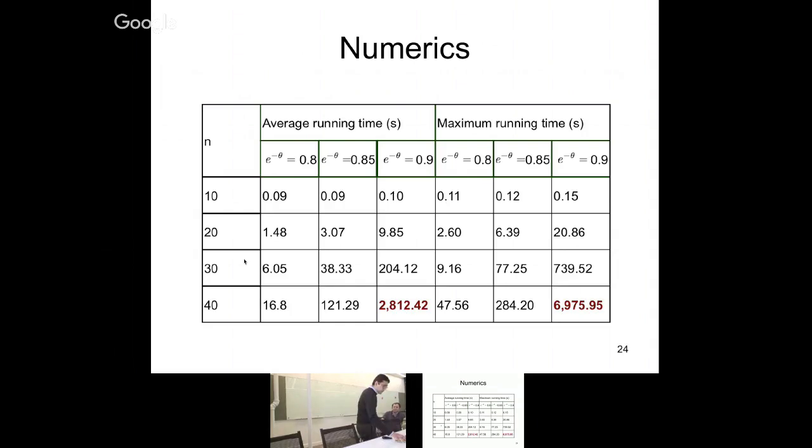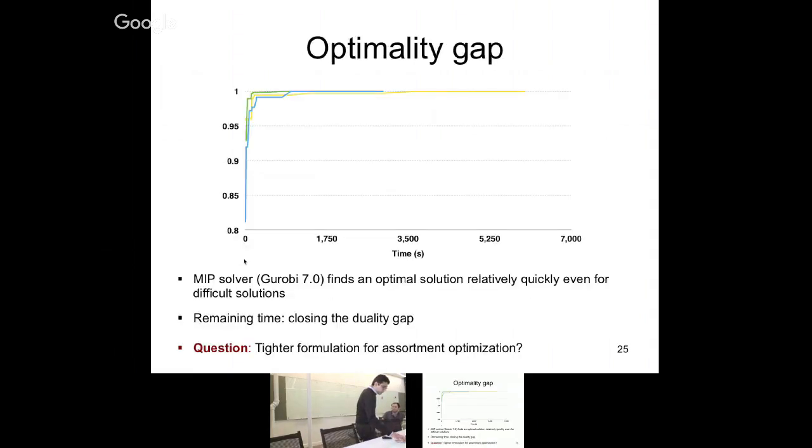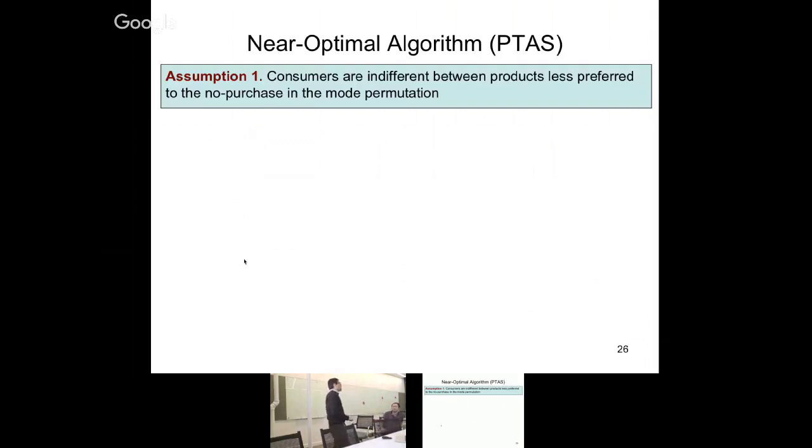Okay. So, going to a near optimal algorithm, in fact we can give a PTAS for assortment optimization under the mixture of Mallows model, but under an assumption.